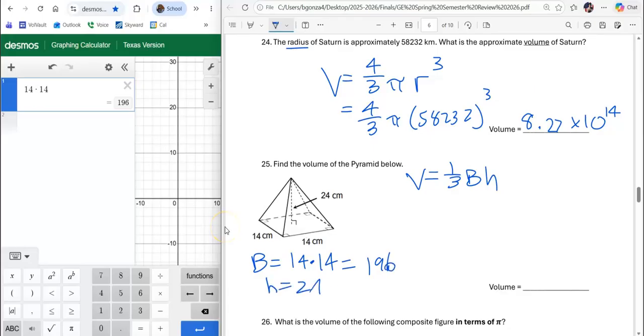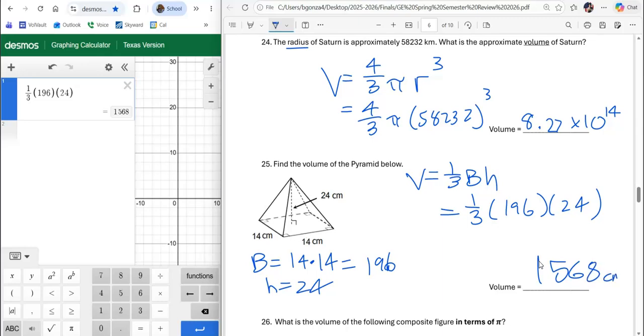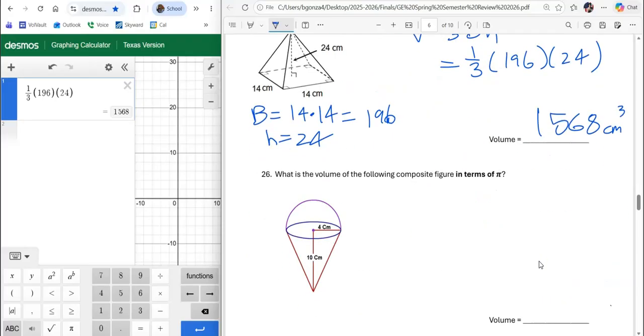The height is 24, so 1/3 times 196 times 24 is 1568 centimeters cubed, kilometers cubed up here for this volume.